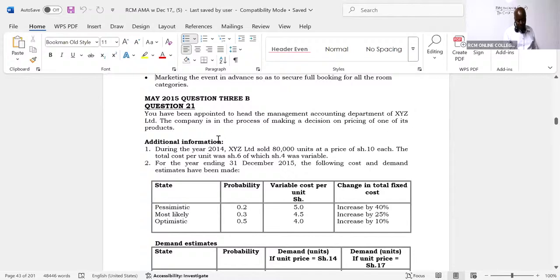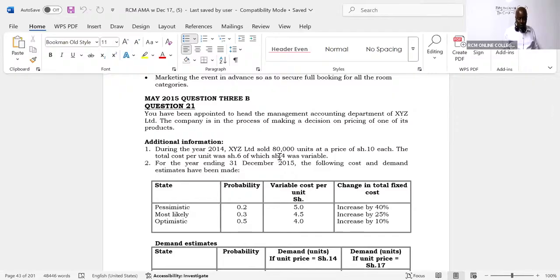Additional information. During the year 2014, XYZ Limited sold 80,000 units at a price of 10 shillings each. The total cost per unit was 6, out of which 4 was variable. When you see them telling you that, they will not give you fixed cost anywhere.